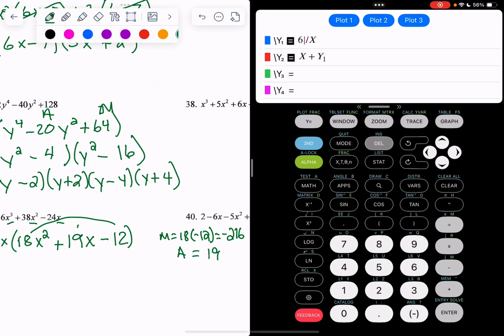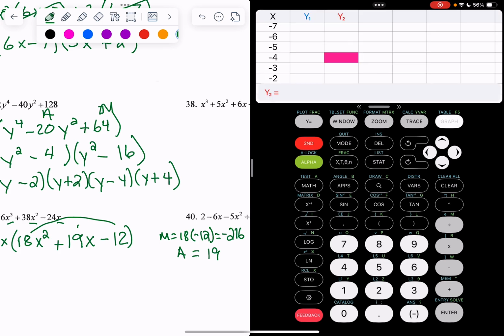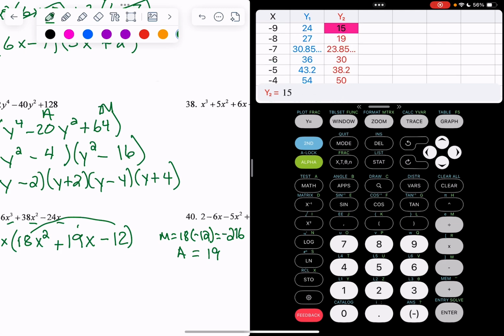I'm going to put in negative 216. And then I'm going to go over here to the table, and I'm going to scroll till I get to 19. So I hope I have to go up. Oop, there's 19. Right there. So my factors are negative 8. So we have x plus 27 and x minus 8.